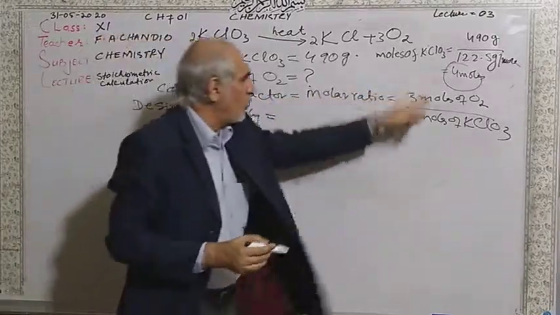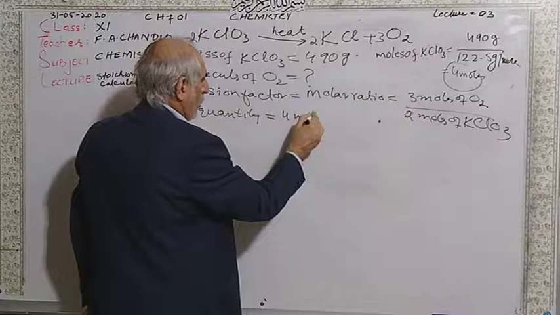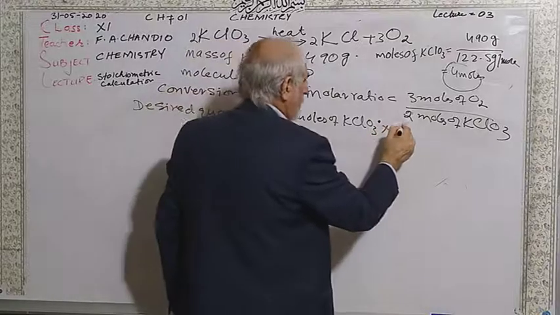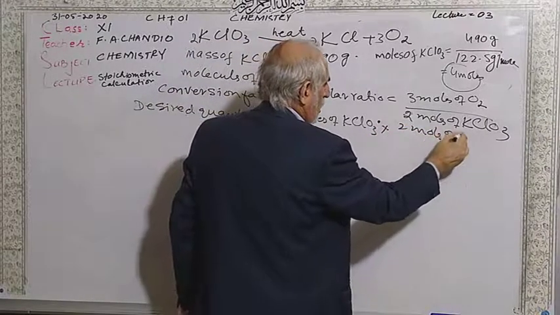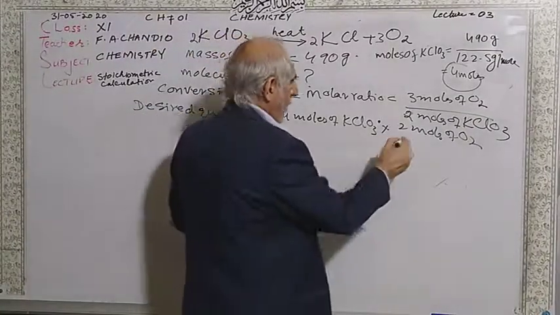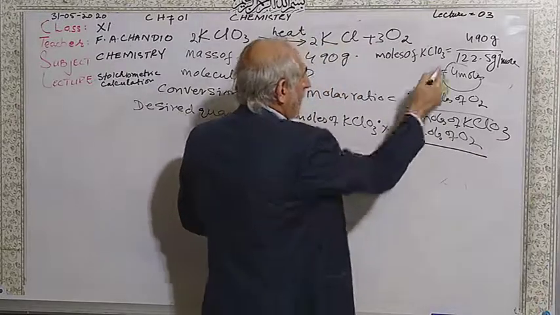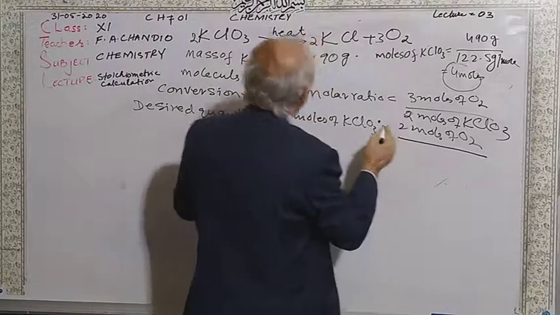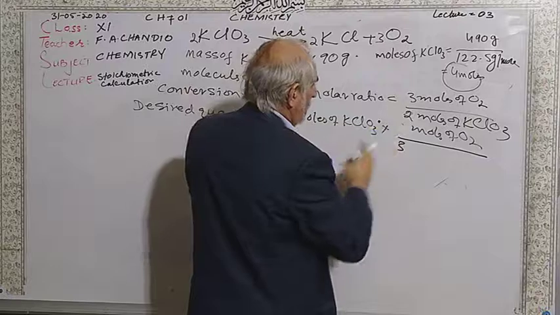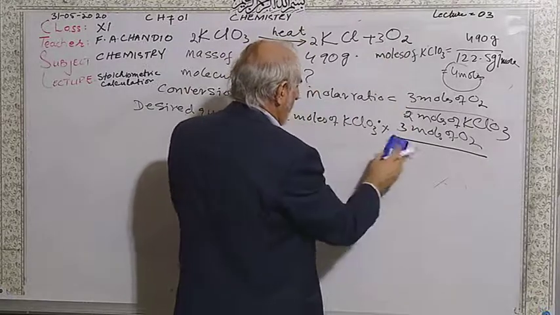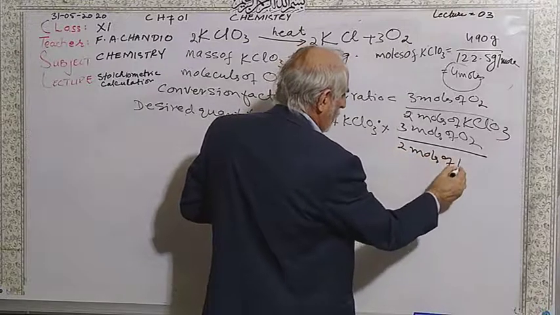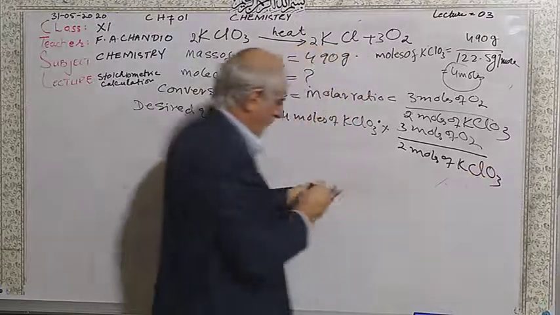Given quantity is 4 moles of potassium chlorate, multiplied by 3 moles of oxygen divided by 2 moles of potassium chlorate.